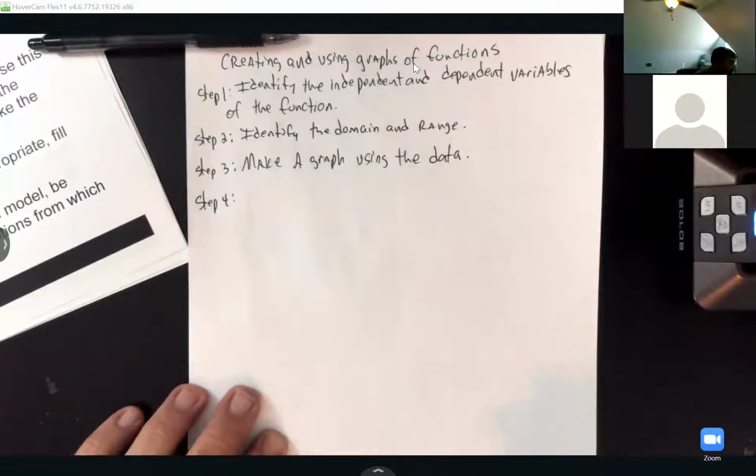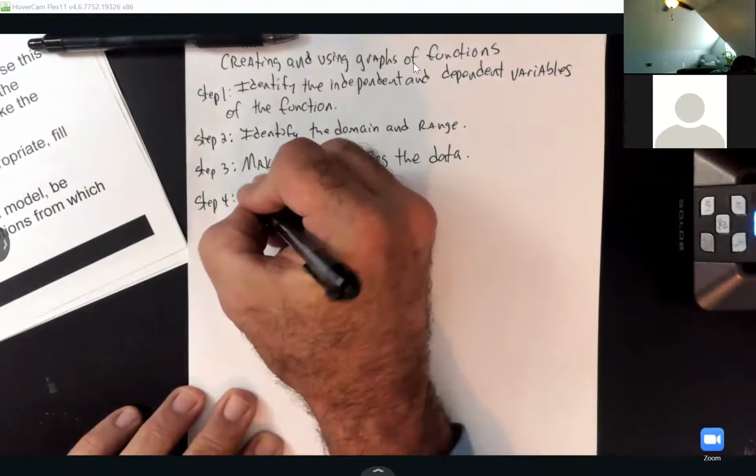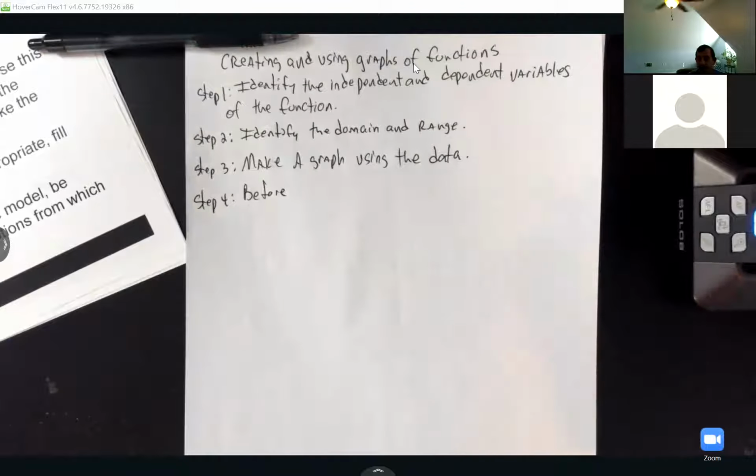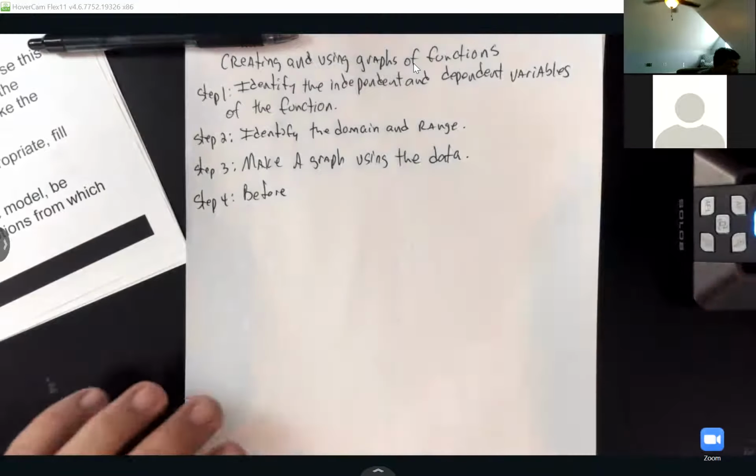And then step 4 was, before accepting any predictions, like I could have used that model to predict what I would have got paid for 30 hours, just using my graph and seeing where my point would have fallen on the line, okay?